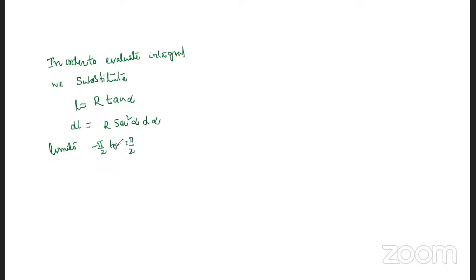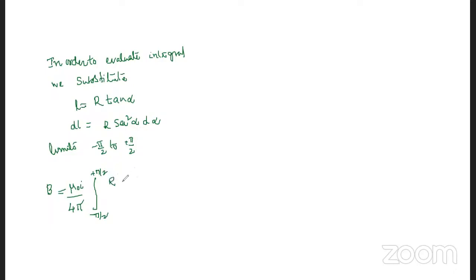So therefore, B is going to be mu naught I by 4 pi, integration between the limits minus pi by 2 to plus pi by 2. R is already there.